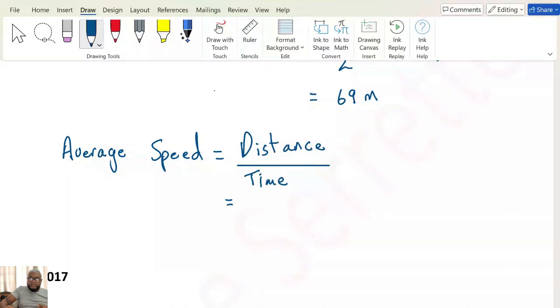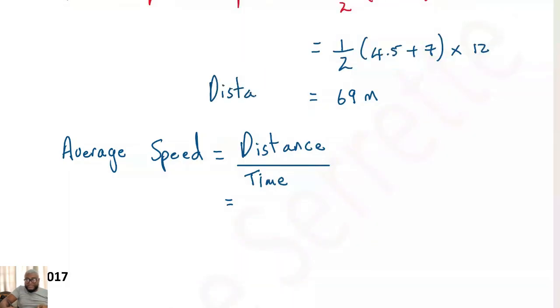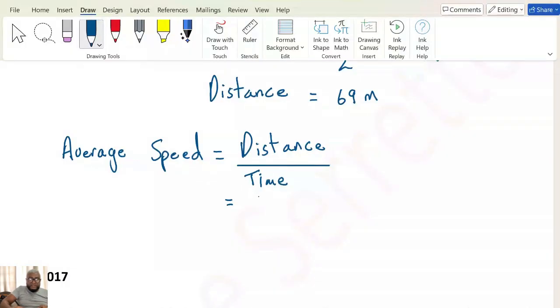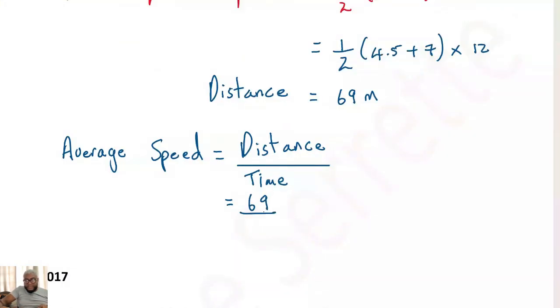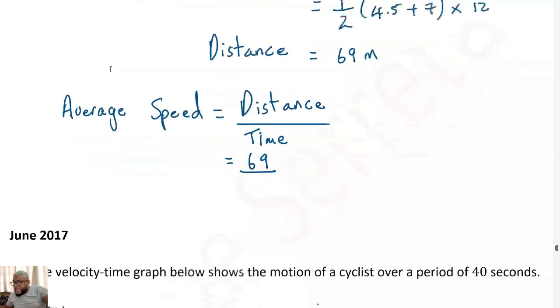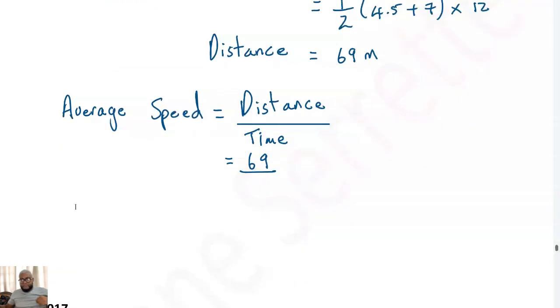So this is your distance. Distance is equal to that. So it is 69 divided by, remind me of my time? 7 seconds. So my speed will be what?